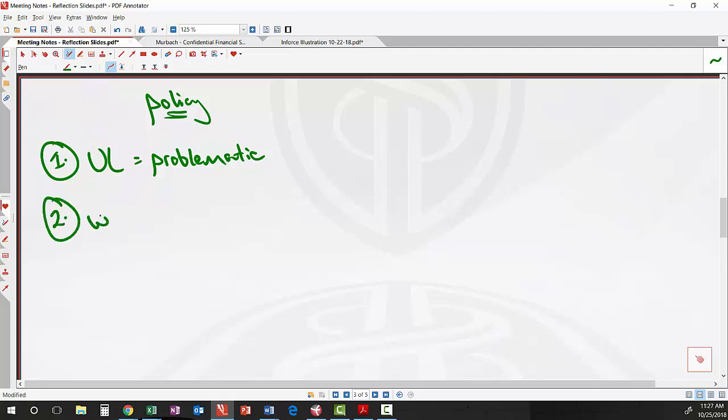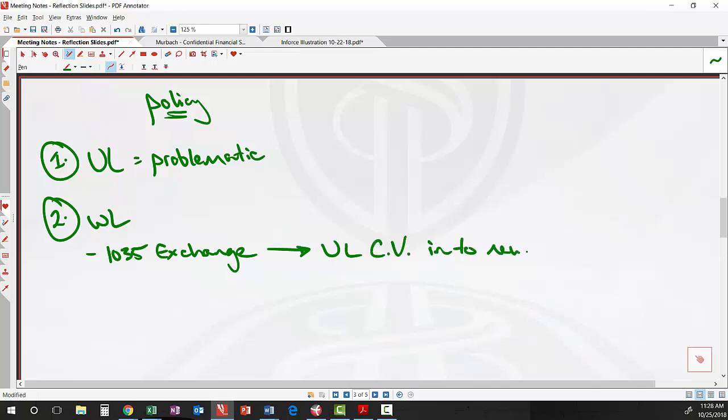So what we want instead is a whole life, and what that means is we would do a 1035 exchange. That's where we bring over the existing cash value from the UL into a new whole life policy.